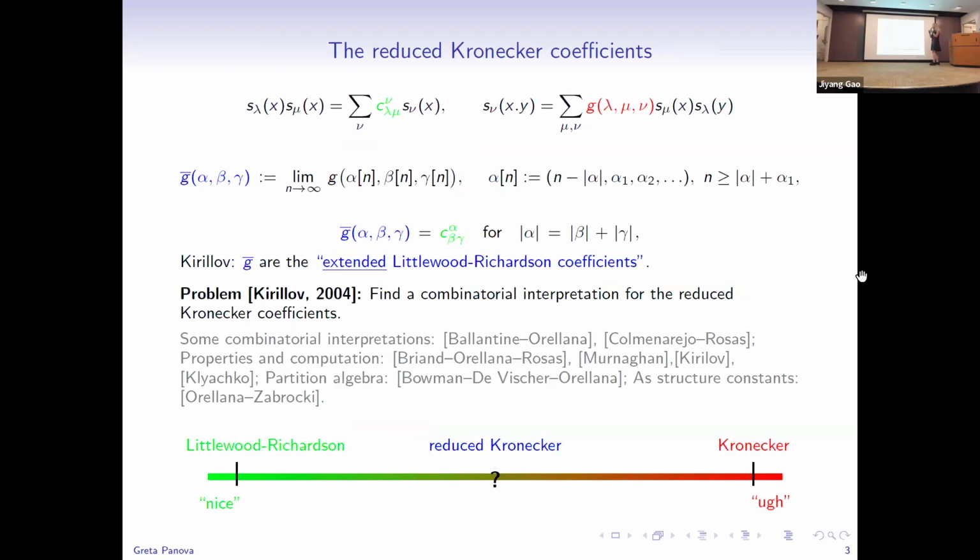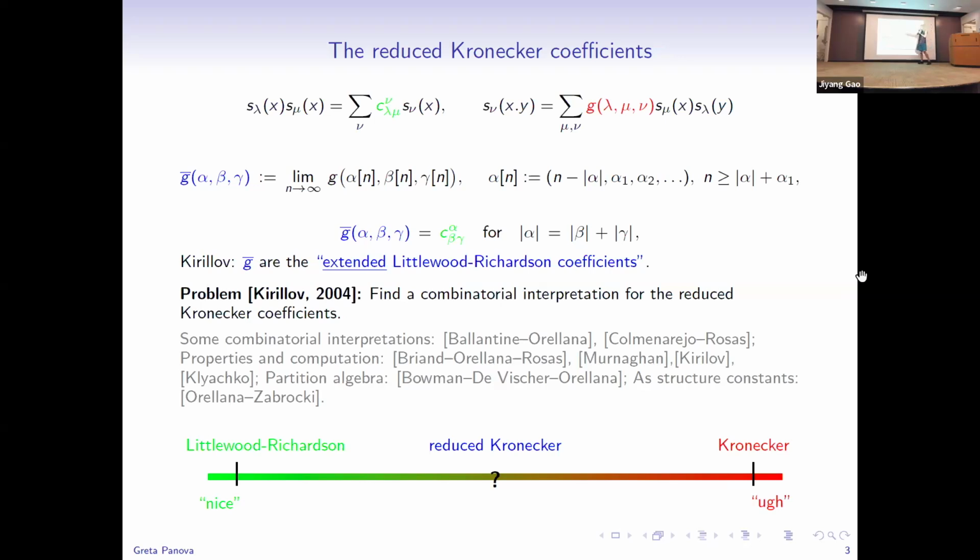I told you that there is a special case for the Littlewood-Richardson coefficient that prompted the definition of the reduced Kronecker coefficients. When you take the first row of the partition, you add something and let it grow to infinity.